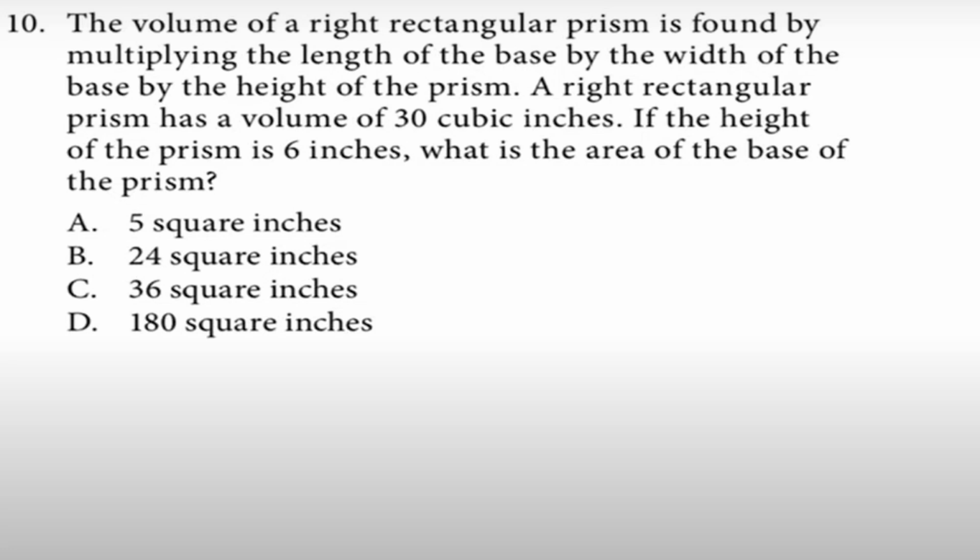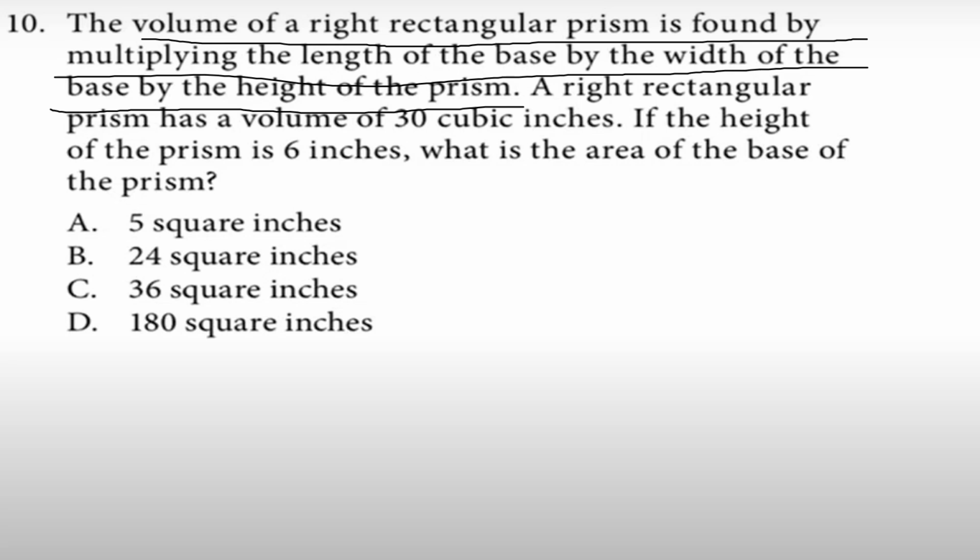So it gave us a lot by not actually giving us a lot. So let's go ahead and look at what's in here. We need to find the volume, or the area, of the base. It tells us the volume of a rectangular prism is found by multiplying length times width by the height. So that's pretty much just telling me V, or volume, equals length times width times height.